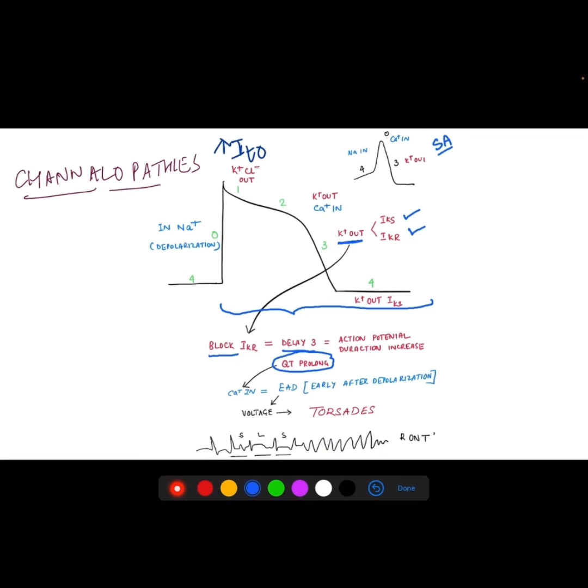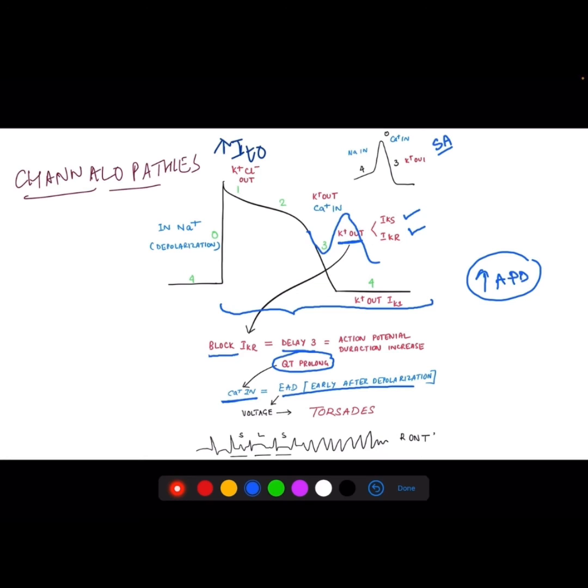So what happens during QT prolongation, or when the action potential duration increases? There is one channel, calcium, which starts opening and calcium starts coming inside, and this will lead to what is called early afterdepolarization, which comes something like that.